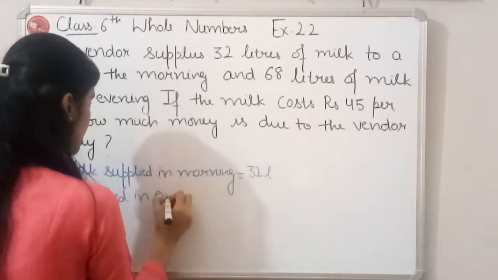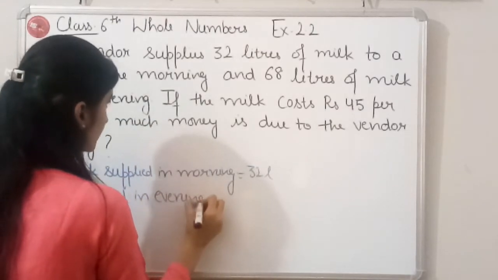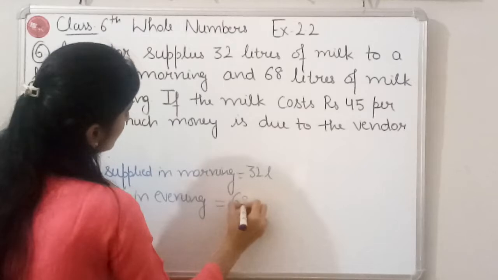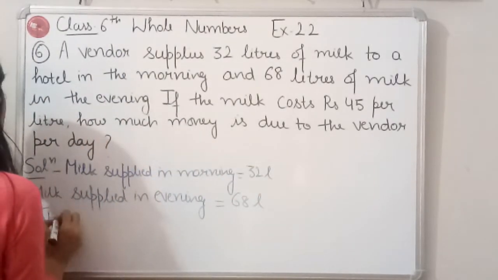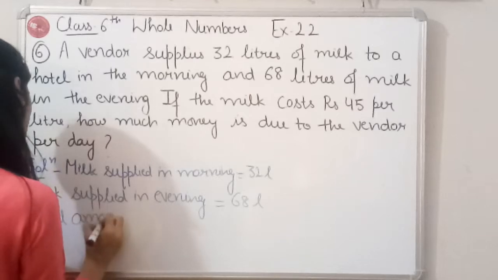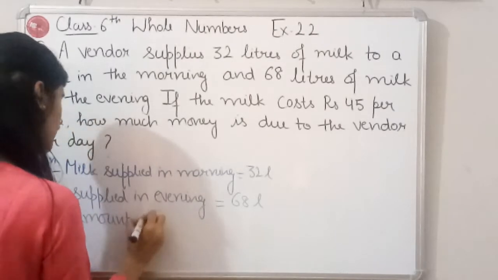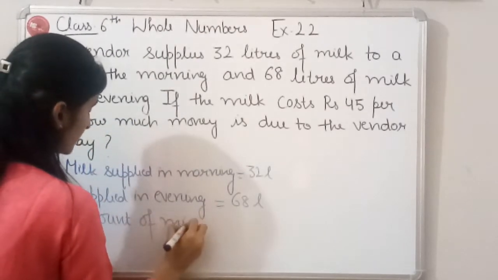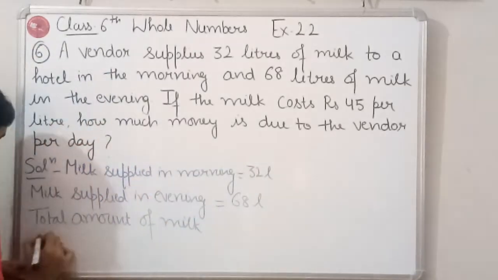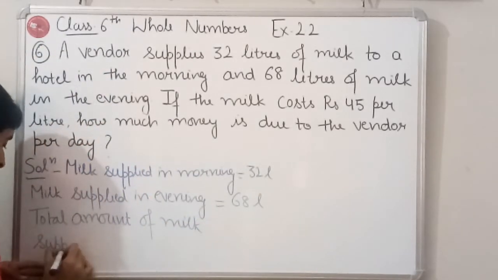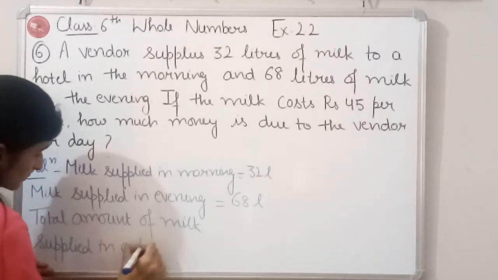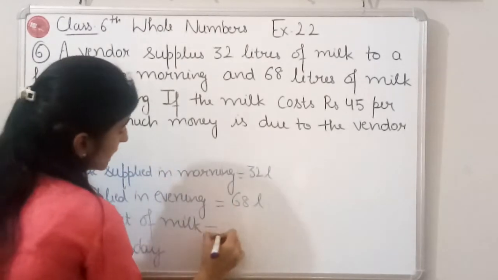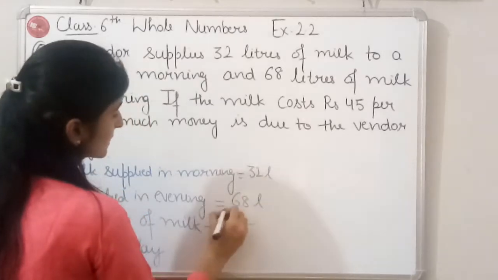Milk supplied in the evening is equal to 68 liters. So the total amount of milk supplied in a day is equal to 32 plus 68.